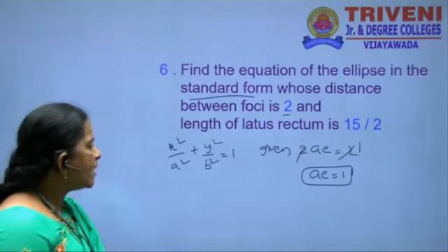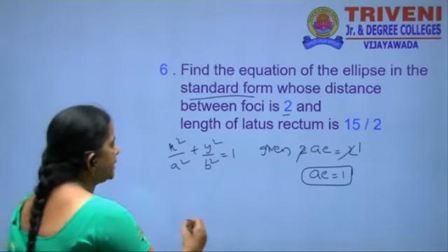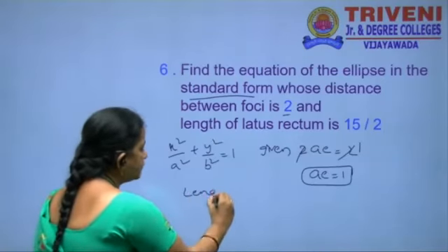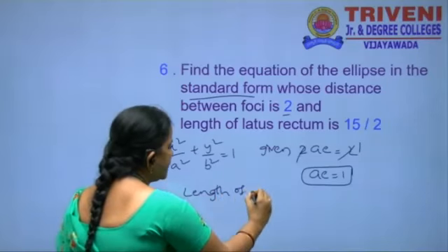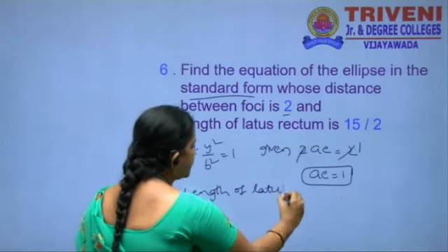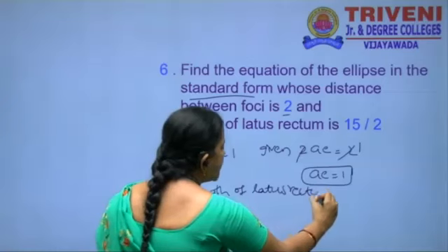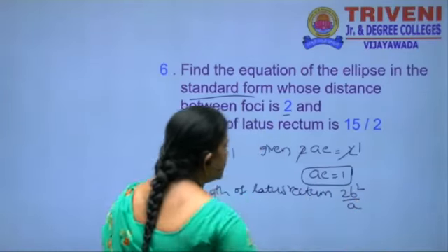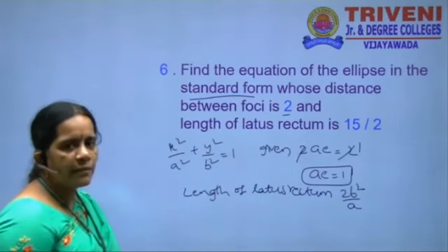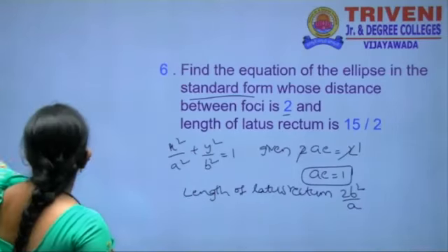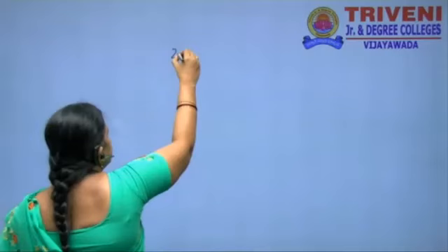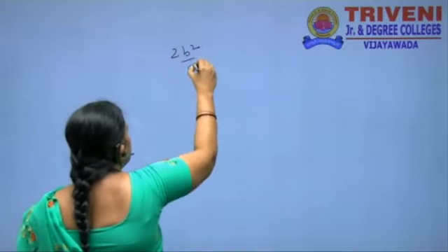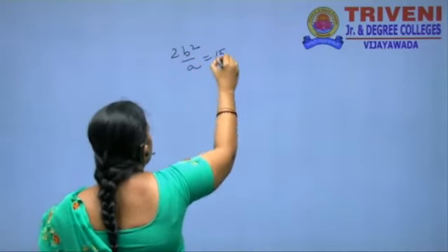The standard form of the length of the latus rectum is 2b square by a. They gave 15 by 2, that is 2b square by a is equal to 15 by 2.